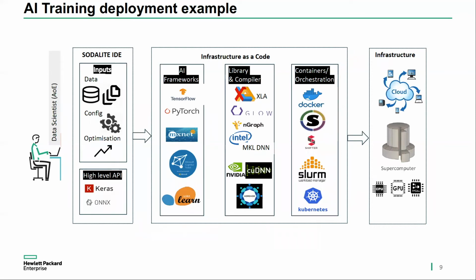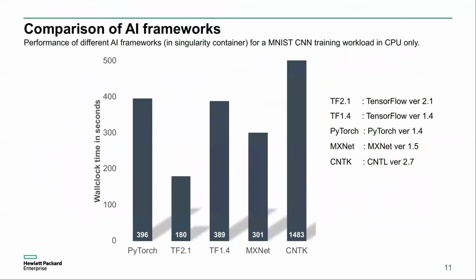This is then deployed to HPC with the support of batch schedulers like Slurm or PBS, or using Kubernetes and OpenStack for cloud. In the next few slides, I'll show you some of the initial results of our experiments with deploying Singularity-based containers for AI frameworks.